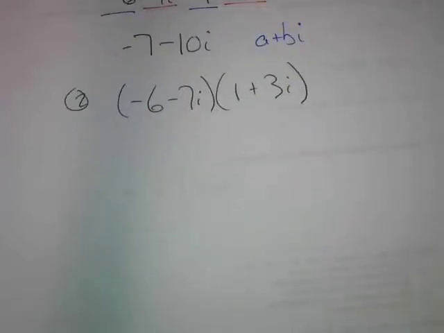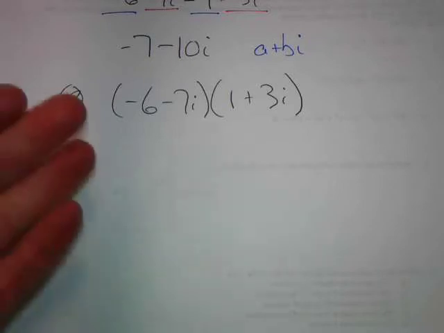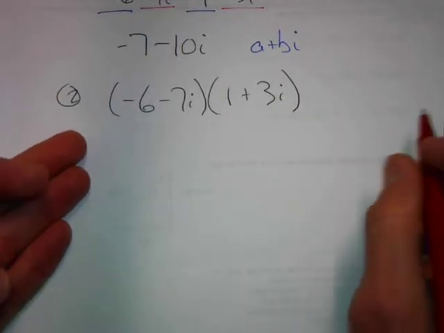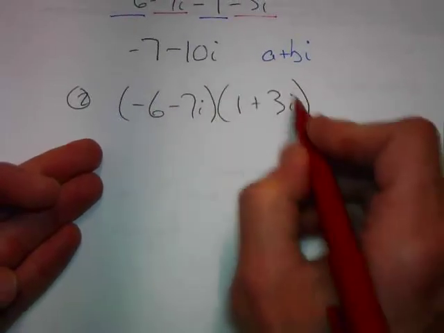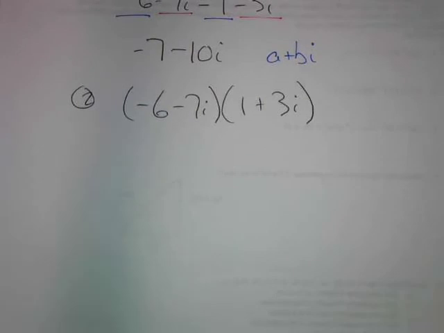So how does this work? It works the same way as multiplying binomials from pre-algebra and Algebra 1, just this time we're using imaginary numbers. Whichever method you used to multiply binomials, FOIL, first, outside, inside, last, whatever you're using. What I like to show you is using the distributive property twice.